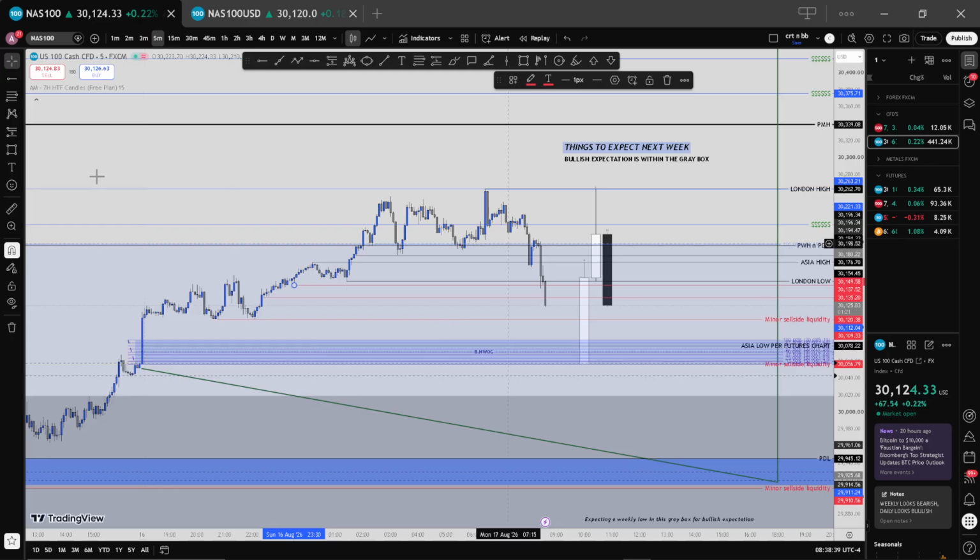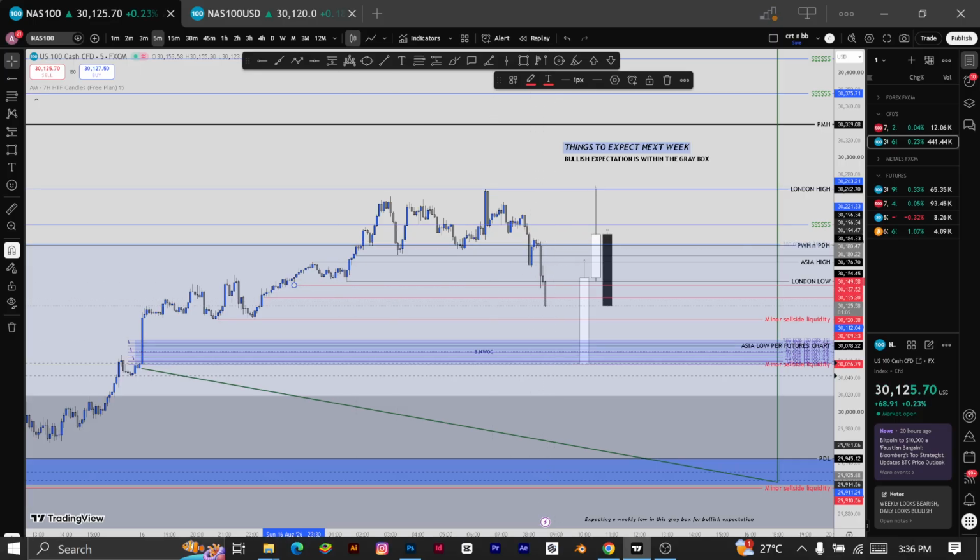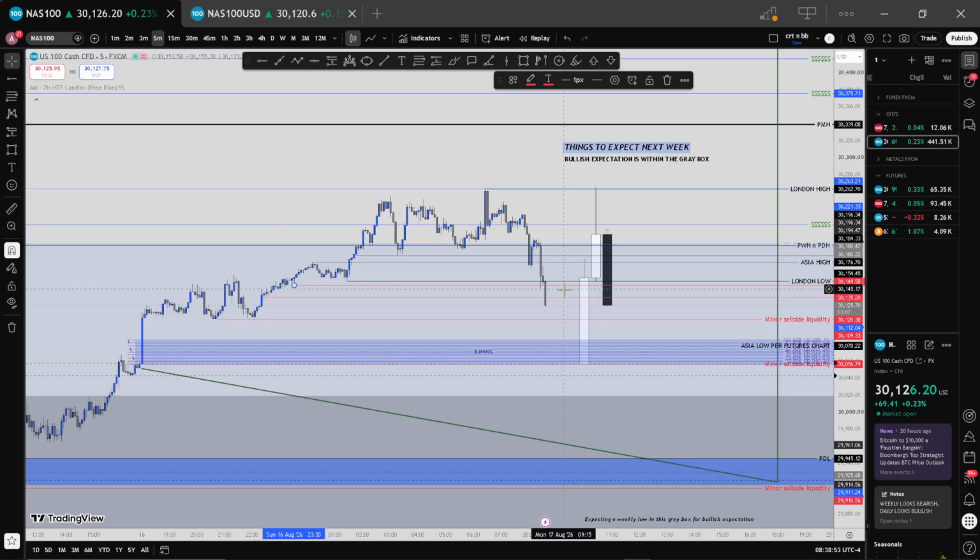I was expecting a bearish bias as well, but entry wise, I don't think it will be possible to get an entry because price just already started dumping and we're at 8:30 right now, New York time. And we're actually approaching this sell side down here. So it's really hard to participate in this market condition.